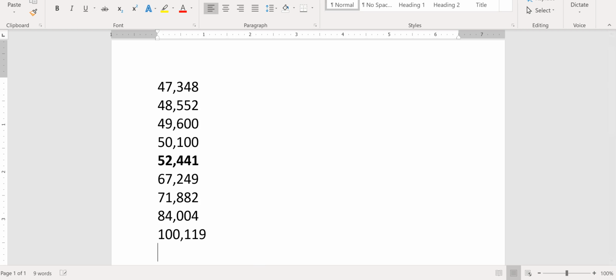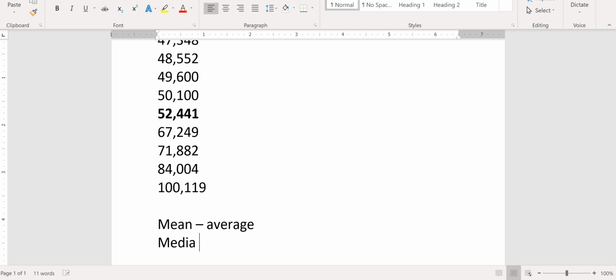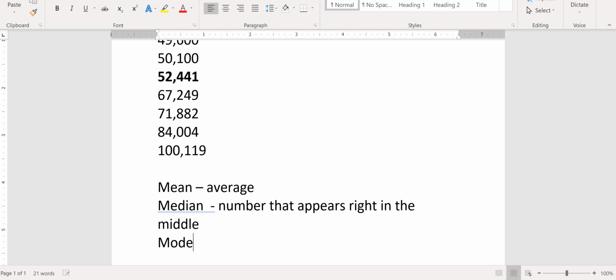So again, mean is average, median is, my apologies, the number that appears right in the middle or occurs right in the middle. And the mode, the number that appears most often. So that's the difference between mean, median, and mode.